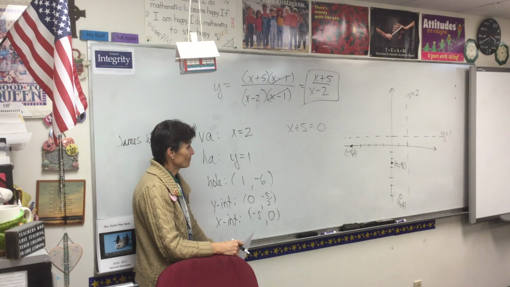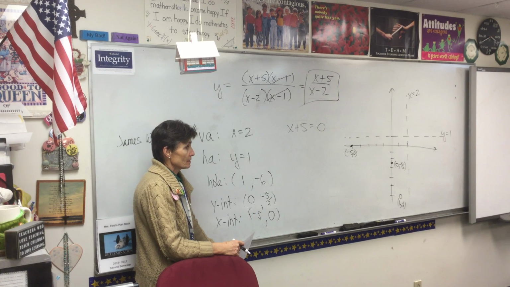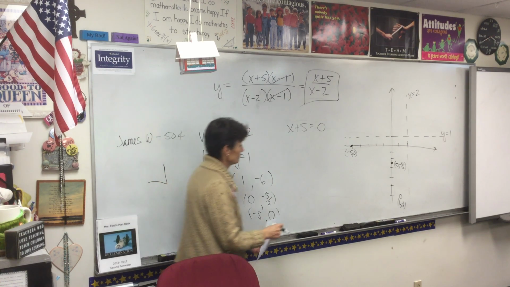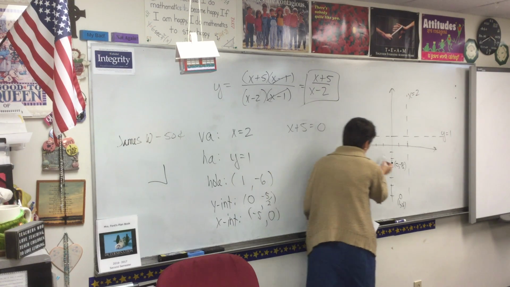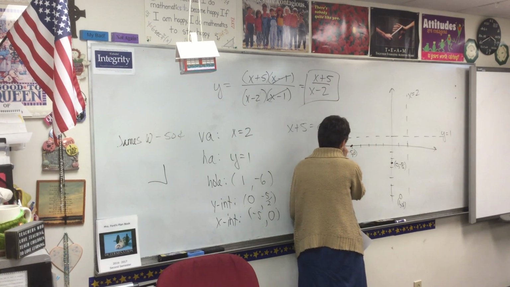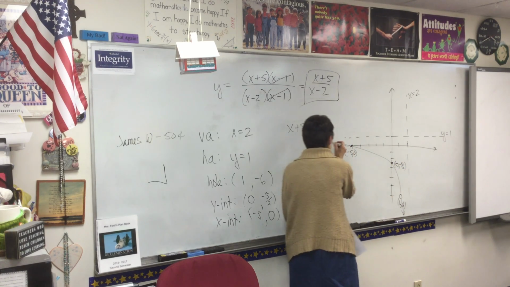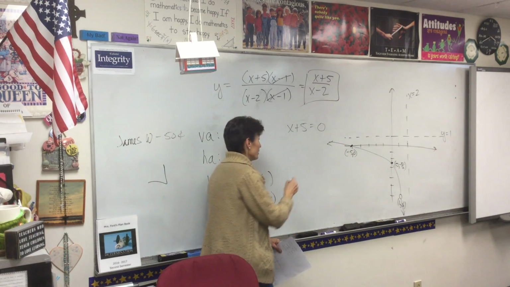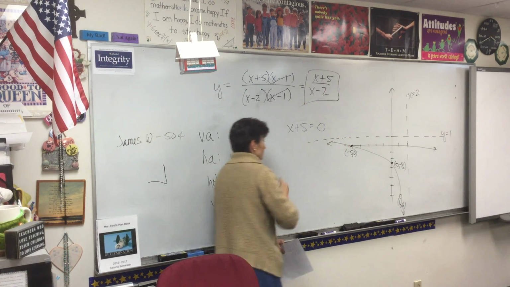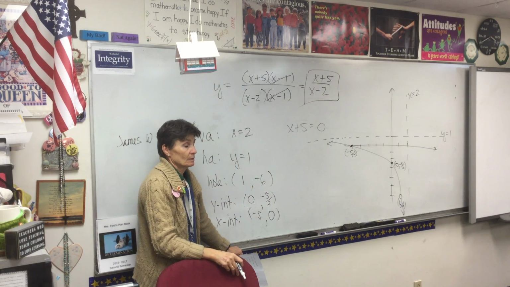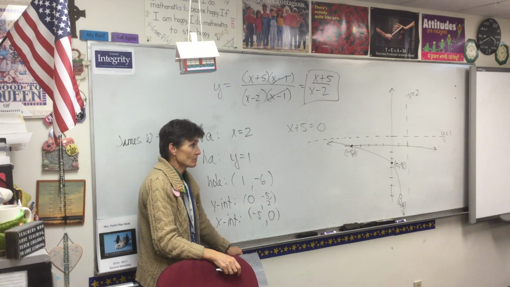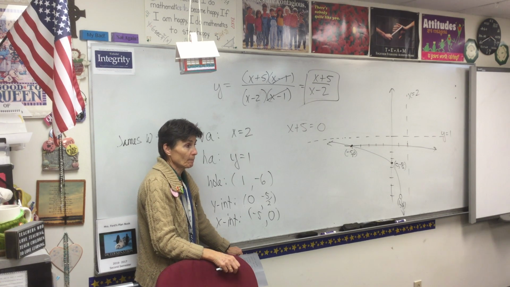So let's connect the dots. Don't you have 3 dots right here? So let's just connect them. There we go. That's pretty good. If you stop here though, you're going to miss a chunk of points, because what are we missing?